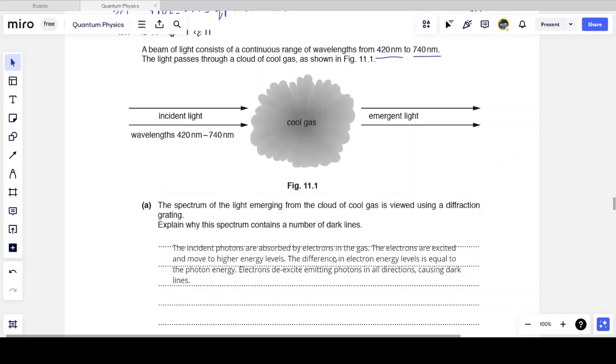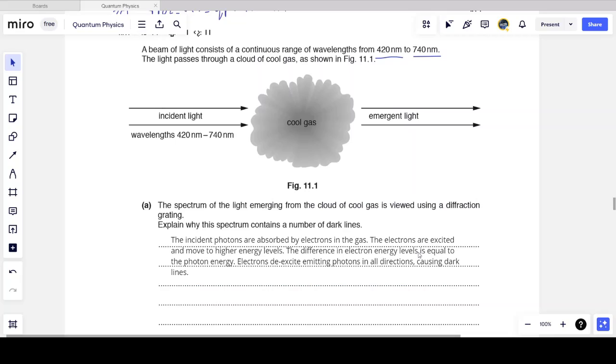So the incident photons are absorbed by electrons in the gas. The electrons increase in energy level, and the energy level increase will be dependent on the energy of the incoming photons. The electrons will de-excite, emitting all the same photons that they absorbed, but it will emit them in all different directions.